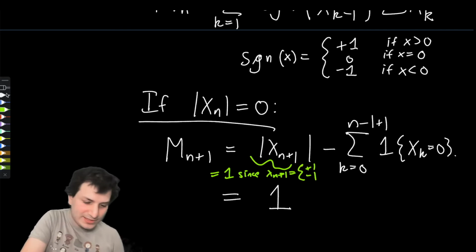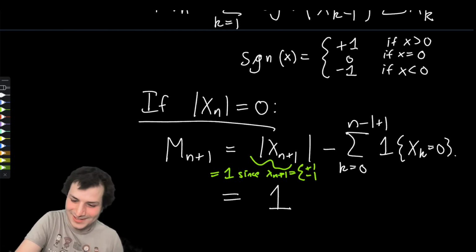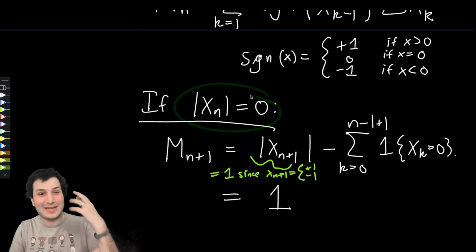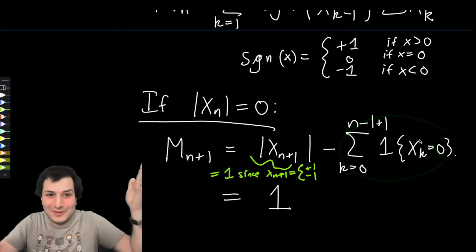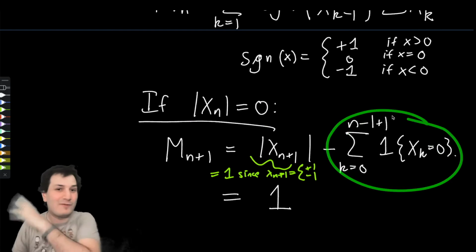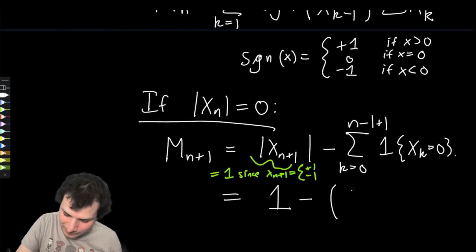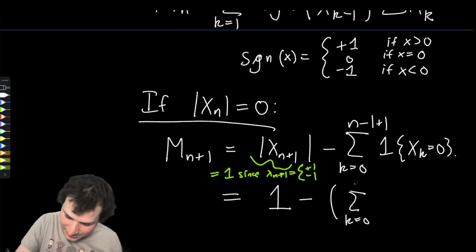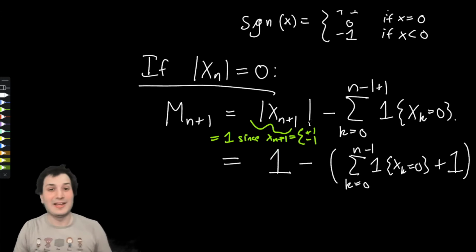On the other hand, what is the number of visits over here? Well, you were at 0. Because you were at 0, you visited 0 one extra time. So that also goes up by 1. This whole thing is whatever it was before plus 1. So I'm going to write it like this: minus the number of visits up to time n minus 1, x_k equals 0, plus 1. Okay, so this thing has gone up by 1.